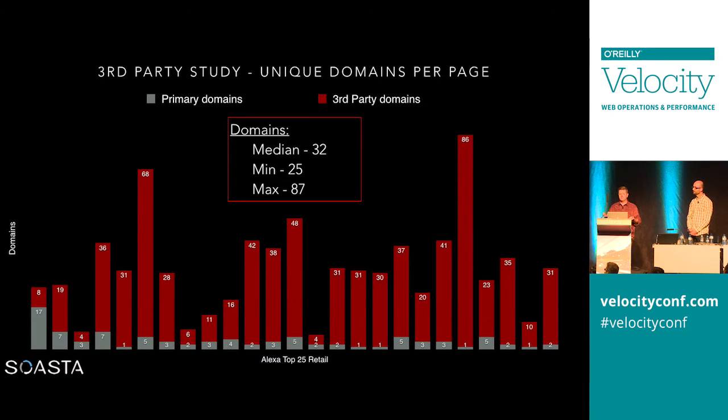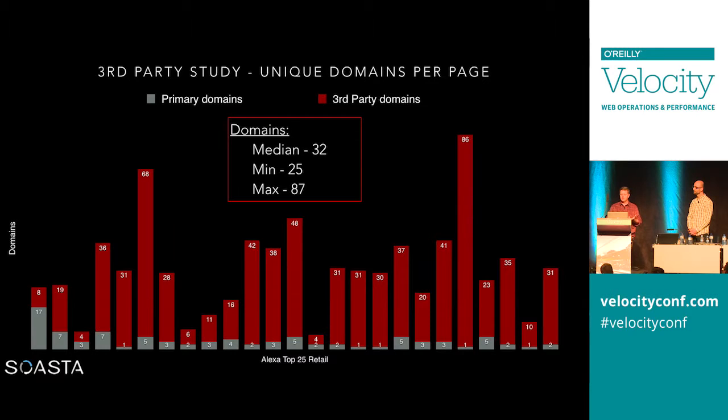First of all, how many domains were there? And I was kind of astonished to see that they're not necessarily following the rules here like we would expect them to. A median value of 32 domains on a page, a minimum of 25, a max of 87. But everything in red there is actually third party.